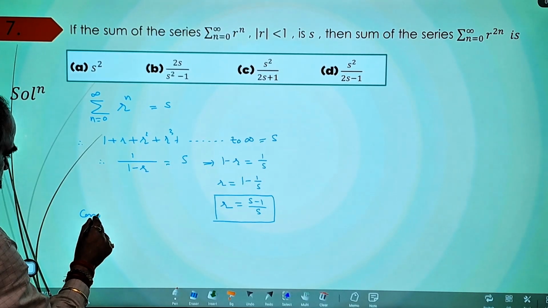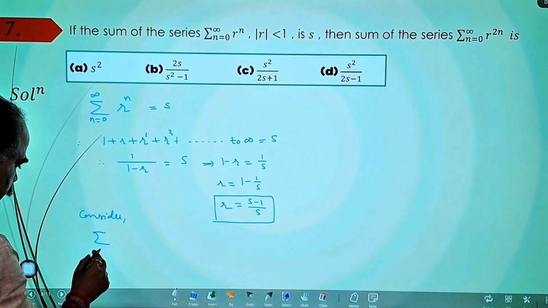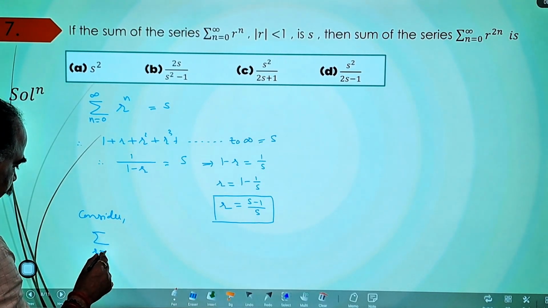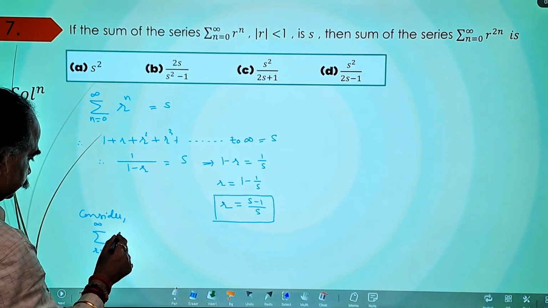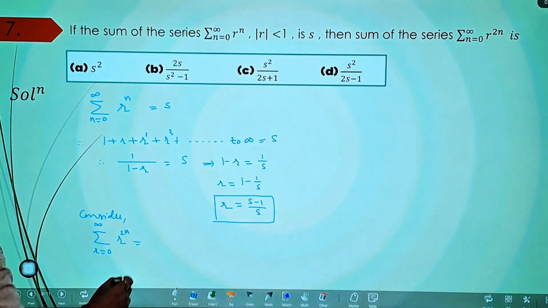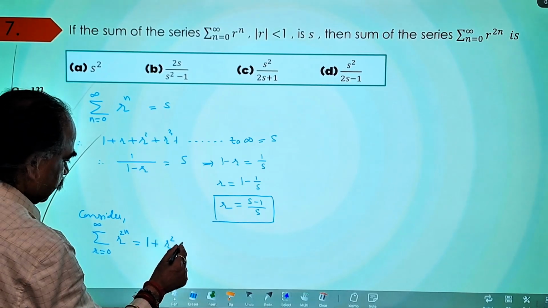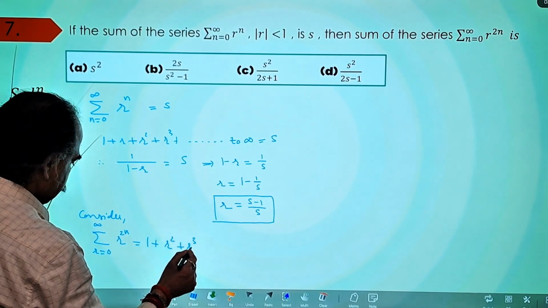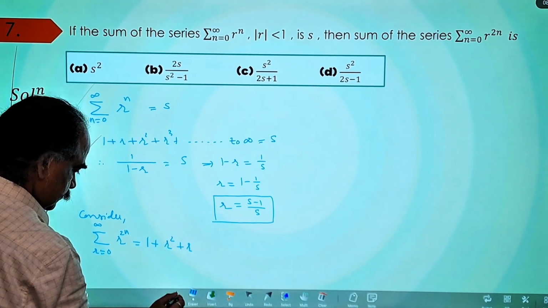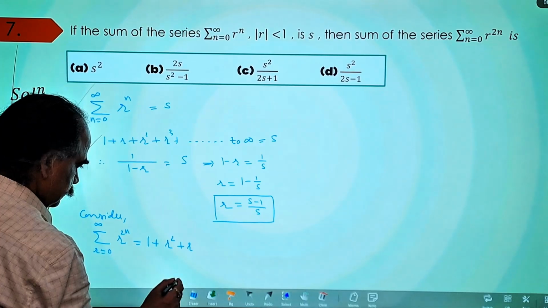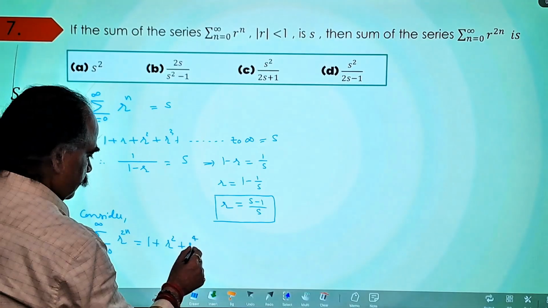Consider sigma n takes value from 0 to infinity r raised to 2n. It is what? 1 plus r square plus r raised to 4. Then r raised to 6 and so on.